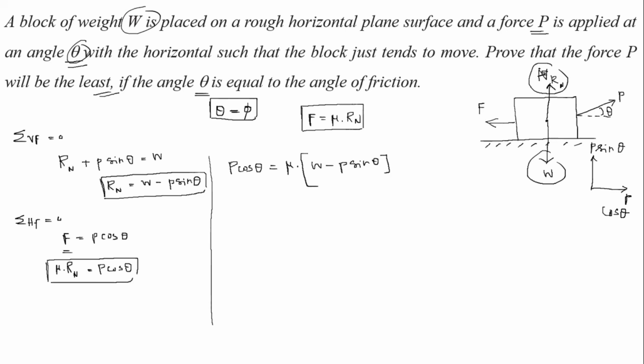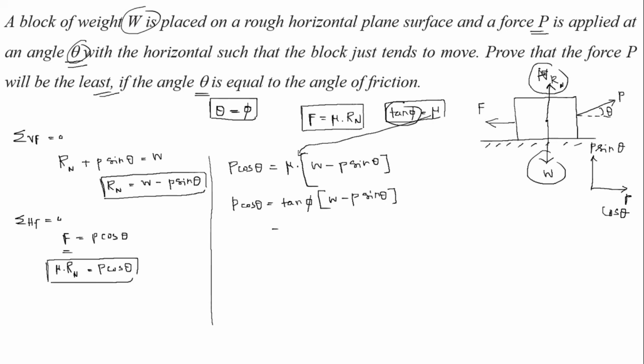Clear. Now, we know that tan phi is equal to mu, right. Instead of mu, now I am going to substitute tan phi, right. So, now P cos theta is equal to tan phi into W minus P sin theta, right.